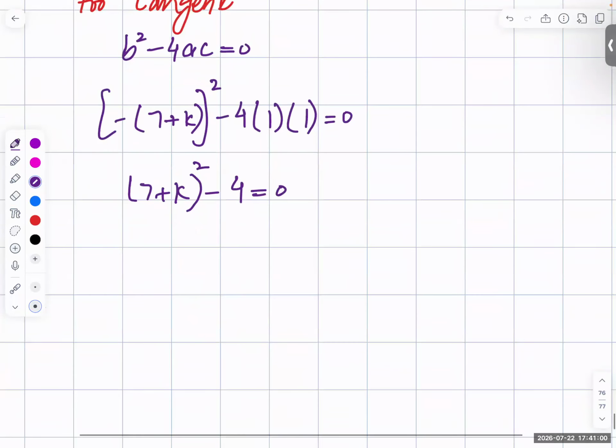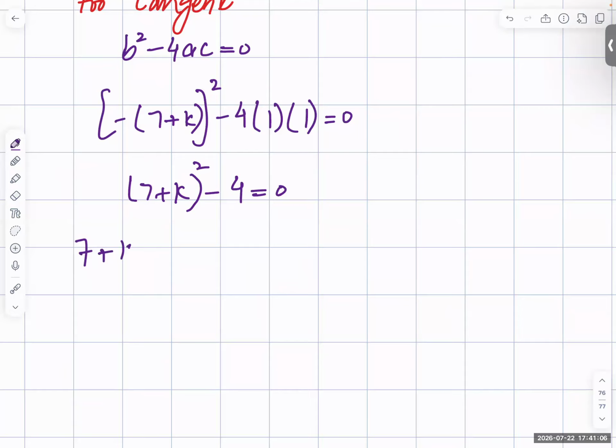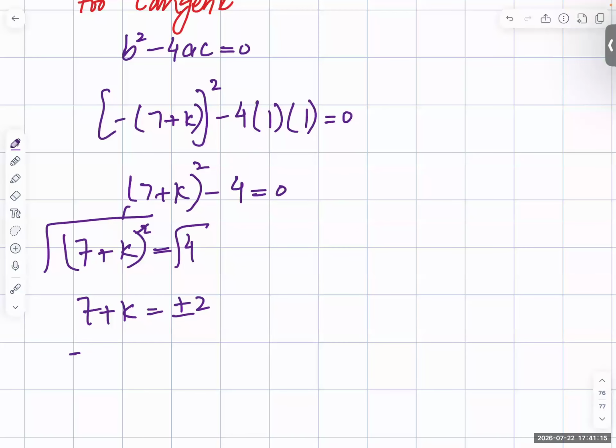Now you can solve it in different ways. You can open it as a plus b whole square and then factorize, or you can do it directly as well. Everything is fine. Is equal to 4. You take square root on both sides, making 7 plus k is equal to plus minus 2. So you do 7 plus k is equal to 2 and 7 plus k is equal to minus 2.